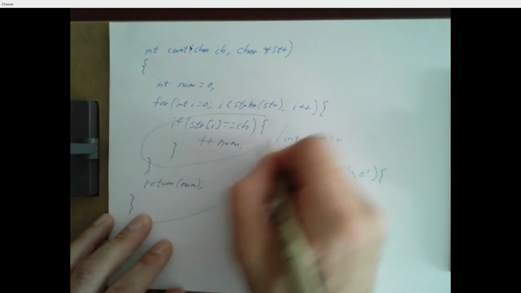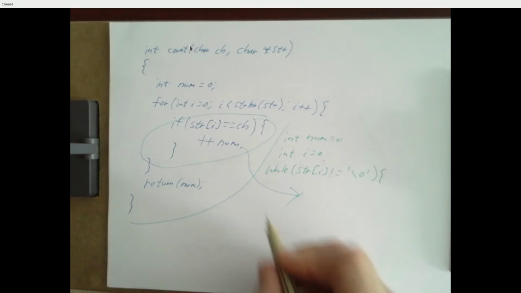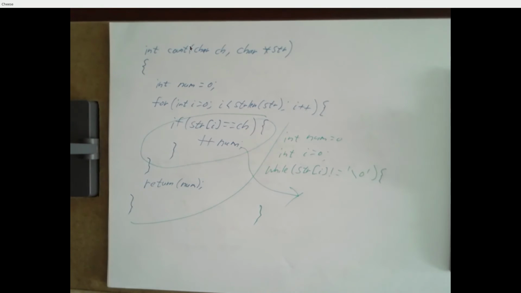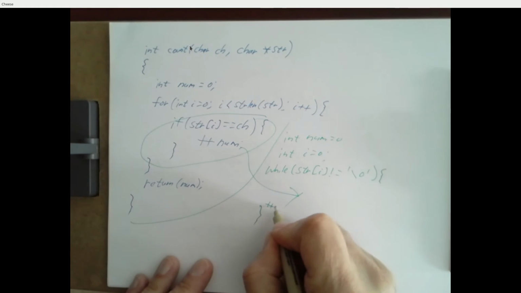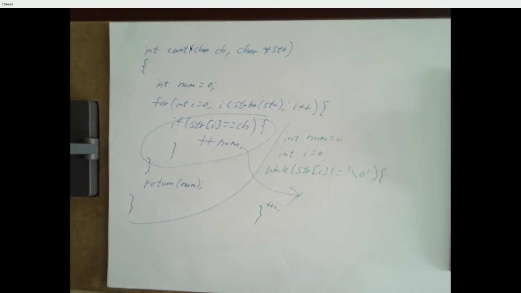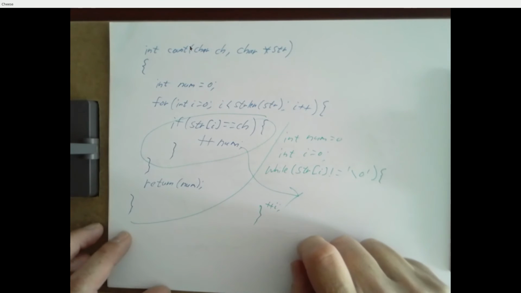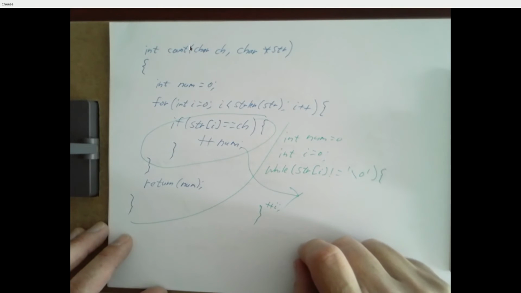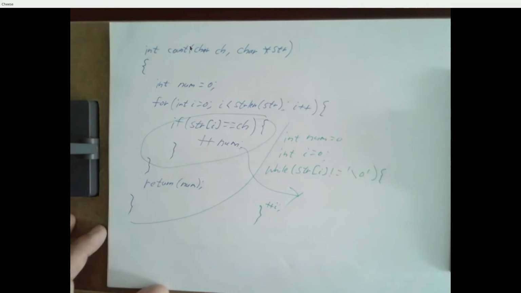And then we can do all of the usual stuff. See if str[i] is the character we're looking for, increment our number. And don't forget to increment i at the end. They probably code identically into assembly language, right? Because algorithmically, there's really no difference.